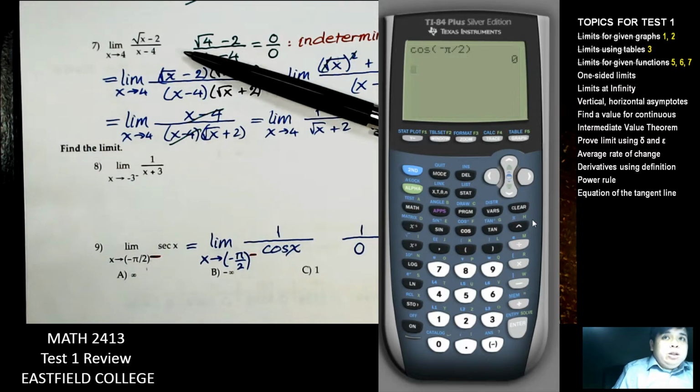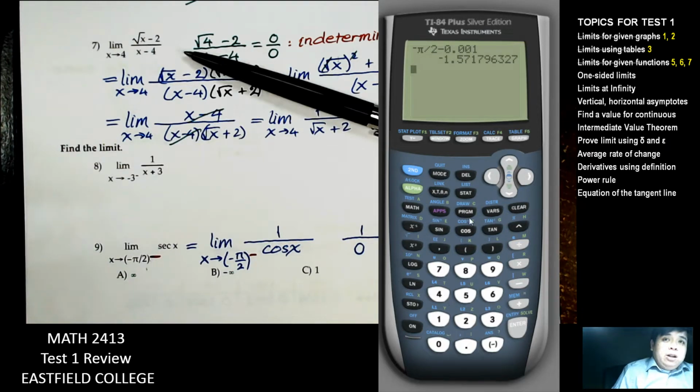So what we do is we say negative pi over 2, and if we want the number from the left of it, we subtract a very small number. So we have negative pi over 2 and then subtract a small amount.